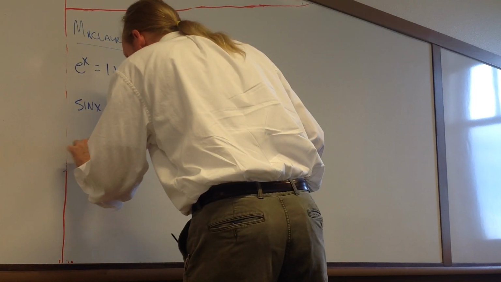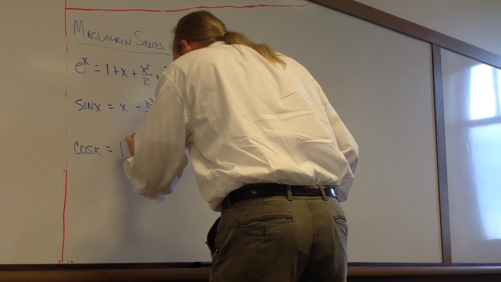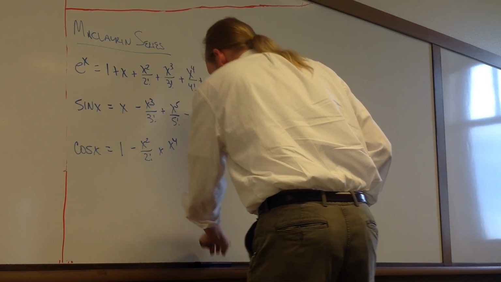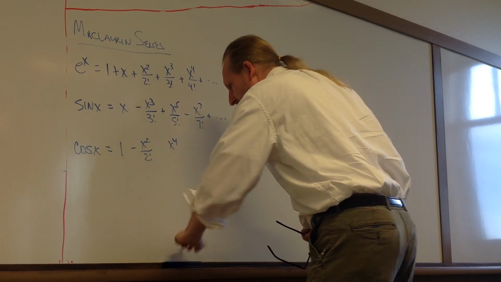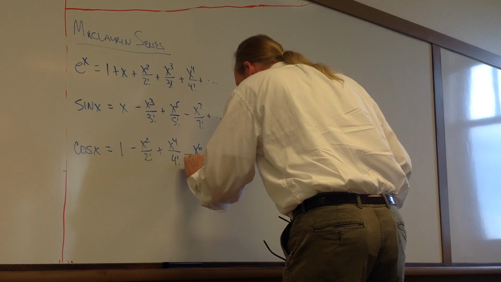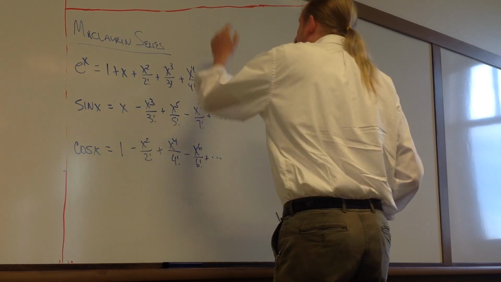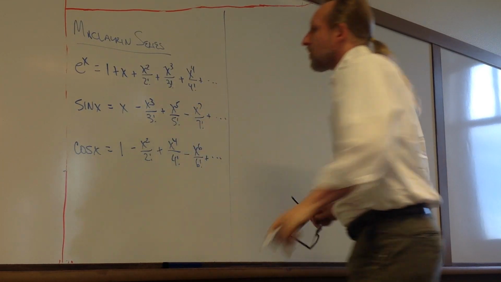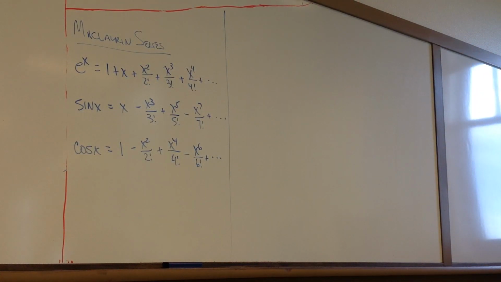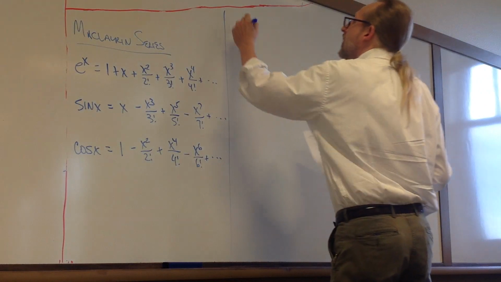And then the cosine function is the even function, which is also an alternating series. So there are the series that we're working with. Let's look at problem 4 here.